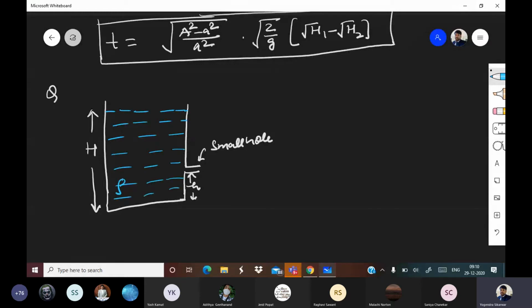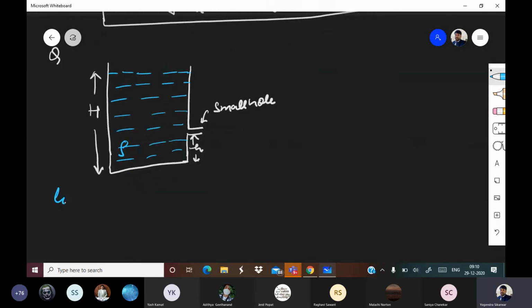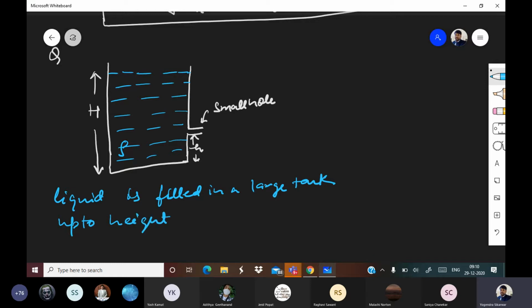This is rho. Question says liquid is filled in a large tank up to height capital H.